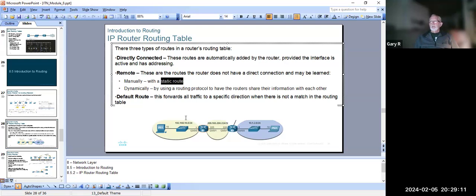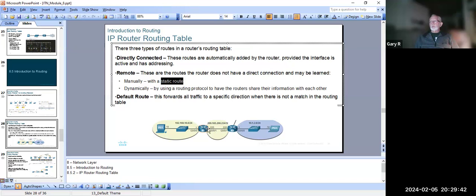Now, there's another type of route, which is a default route, and basically says, if I can't find it in my routing table, I send it wherever. For example, in this case, this router knows about these two networks because they're directly connected. It learns about this one through either a static route or this router telling it dynamically, but it doesn't know about all the rest of the networks in the world.